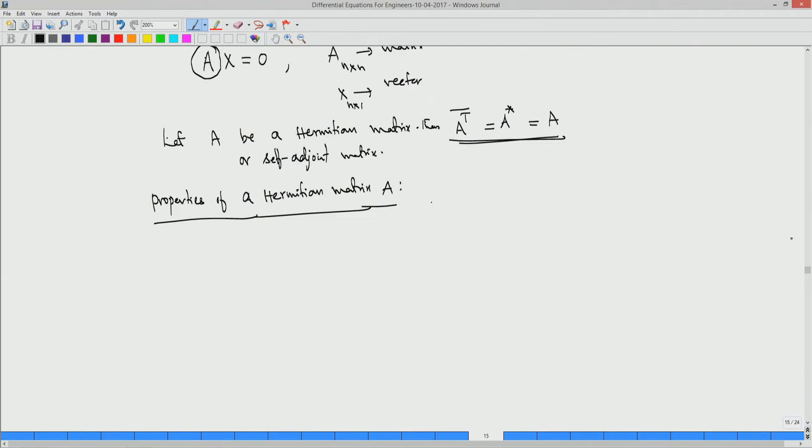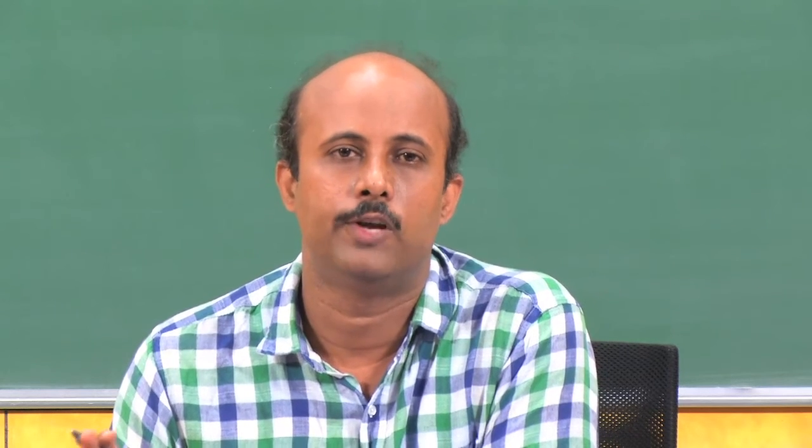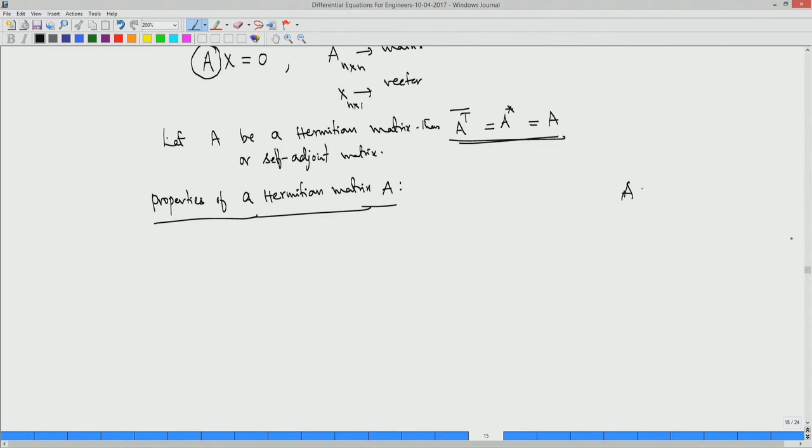Once you have a self-adjoint matrix, that means A transpose equal to A, or A transpose bar equal to A. If you calculate its eigenvalues, you know what an eigenvalue is. The eigenvalues of a matrix A are found from the determinant of A minus lambda I equal to 0, where lambda is an eigenvalue and I is the n by n identity matrix.